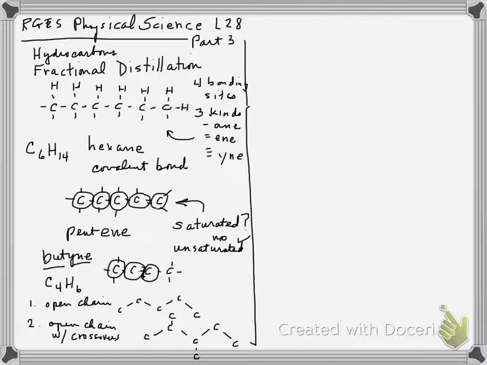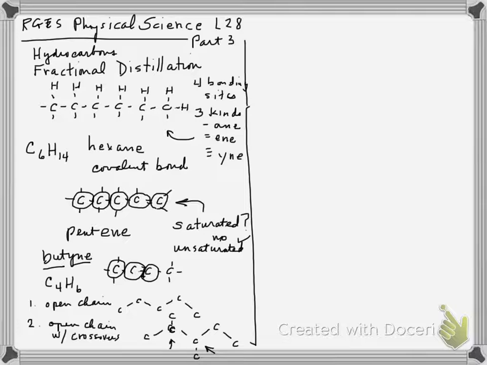Now, when you guys take organic chemistry in college, and you'll take that if you want to be a nurse or a doctor or a physical trainer, or if you're just interested, like I'd be interested just to be able to name these molecules. They will actually name molecules like this, and they will tell you there's a term for another chain that comes off the second carbon, and there's a term for the chain that has a second and a third carbon with a crossover. So they get real technical.